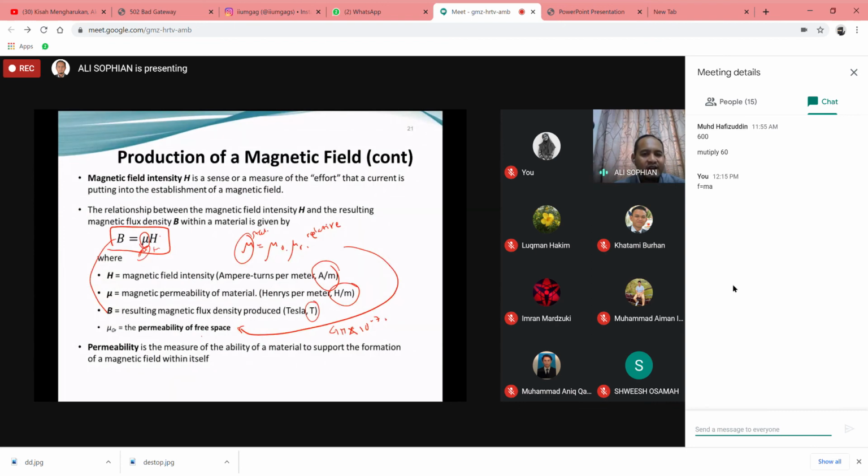We are talking about 1000 or more, easily magnetized compared to free space or air. The permeability of the air around you is very close to mu naught, so you can safely say it's equal to mu naught. But when you choose steel, the mu itself is 1000 or more, so it can give you a very high magnetic flux density B.